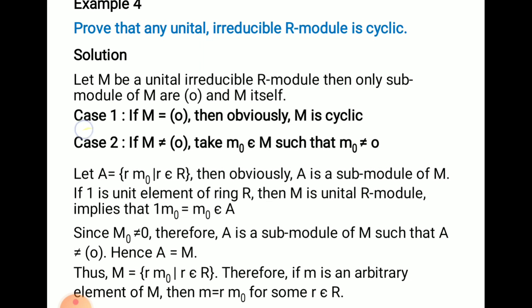We have to remember that any unital irreducible R module is cyclic. It can be asked like this: any unital irreducible R module is dash dash. It is cyclic. Or any dash dash irreducible R module is cyclic. In place of dash dash, you have to write unital. Okay.